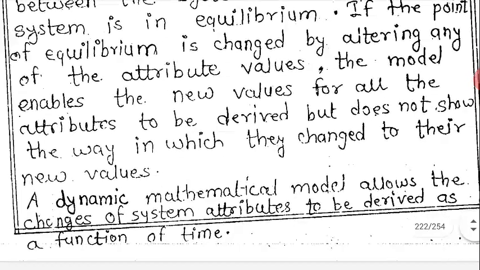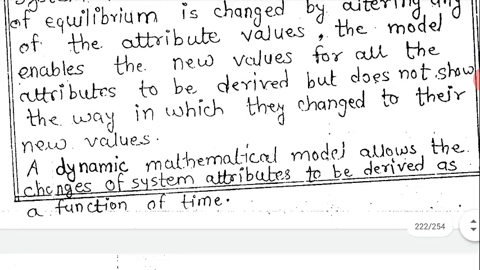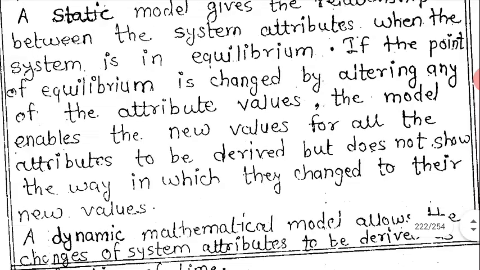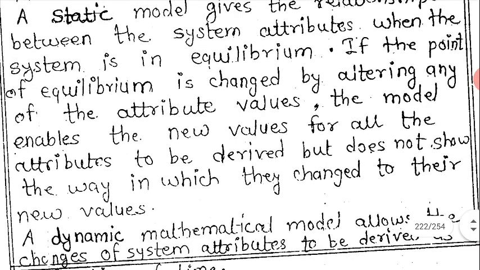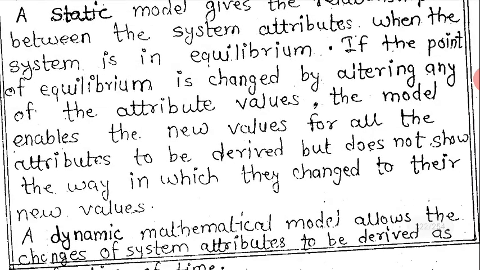If the point of equilibrium is changed by altering any attributes or values, then the model enables new values for all the attributes to be derived, but does not show the way in which they change to the new values.